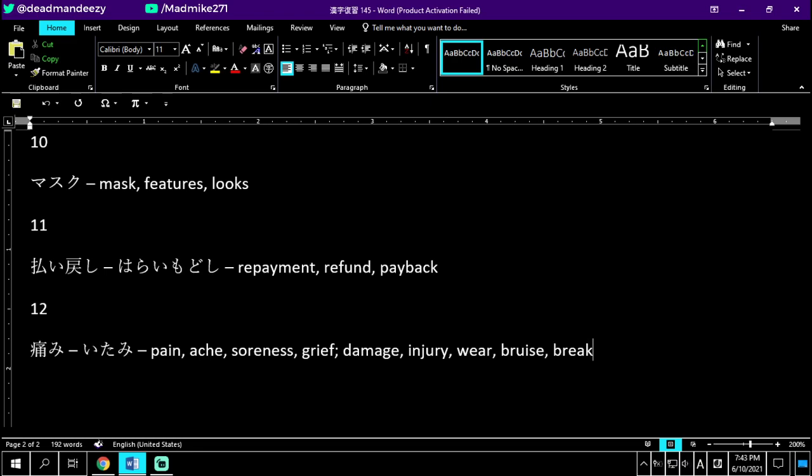Itami more refers to the noun of pain, but itai is more like itayo.